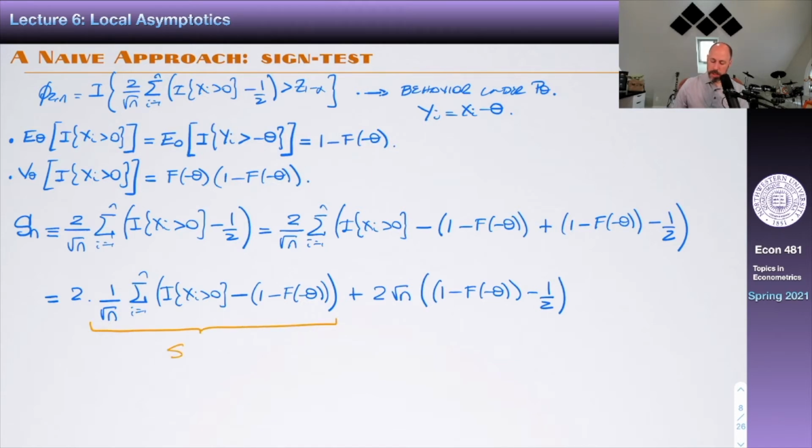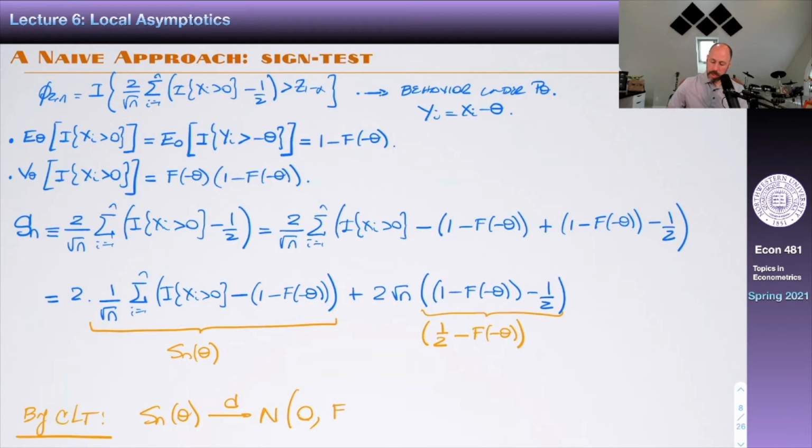This guy over here, I'm going to call Sn of theta. And this guy over here, notice that you can write it as just 1/2 minus F of negative theta. Importantly, by the CLT, Sn of theta converges in distribution to a normal with mean 0 and variance F of negative theta times 1 minus F of negative theta.